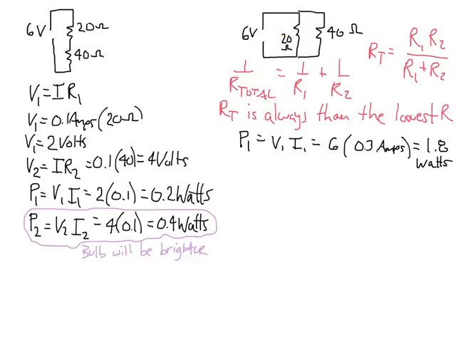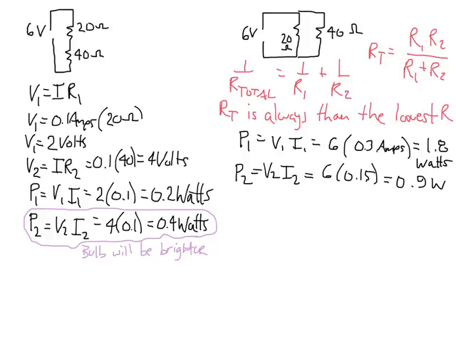right? And if we calculate it in the second one, power 2 equals V2, I2, we'll get the same voltage drop, 6, and 0.15 amps, and we get a power of 0.9 watts. And that's pretty interesting to me.